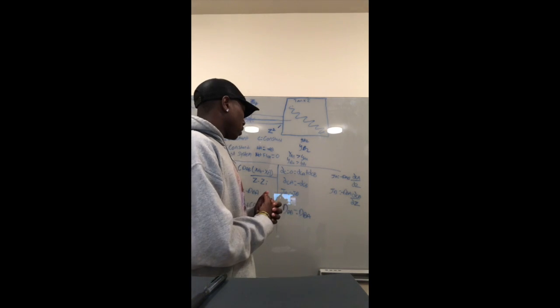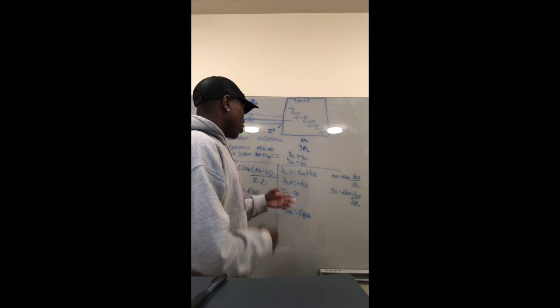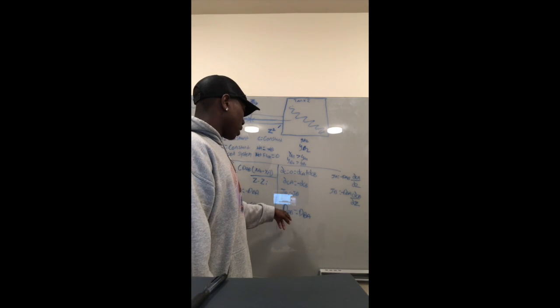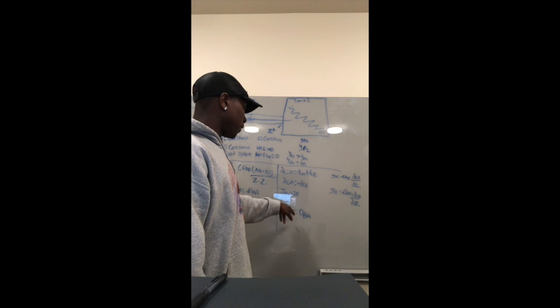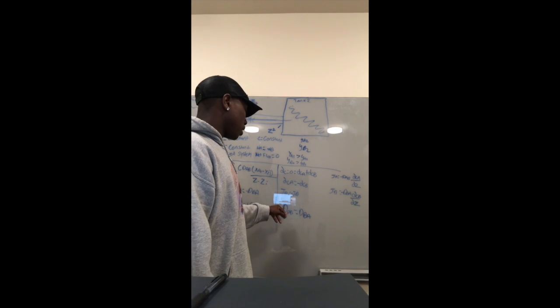Knowing that they're both equal, you can just cancel them out and get both derivatives of A and of B.